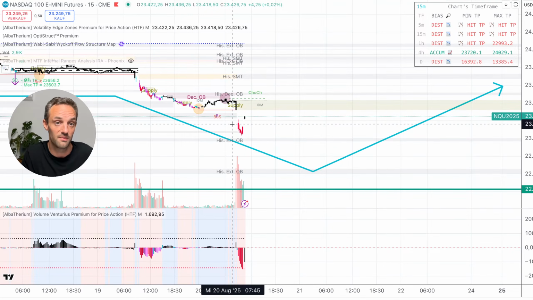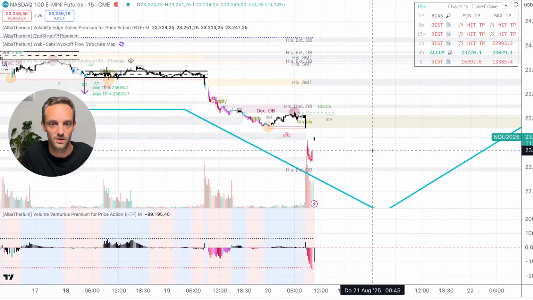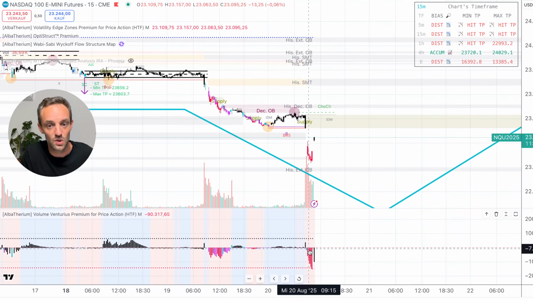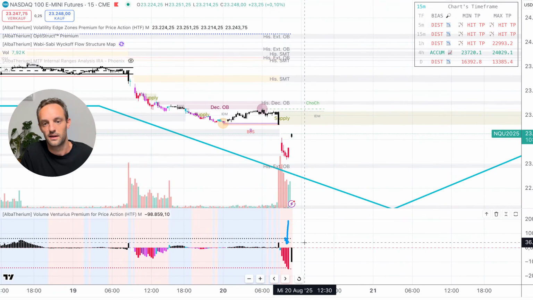Does the order flow move the price or not? Because this is actually the most important thing. Are big market participants moving the price or not? So it's not pure order flow, it is also price movement. This is what we display with Volume Ventures. And I really like it since I'm using these kinds of tools.